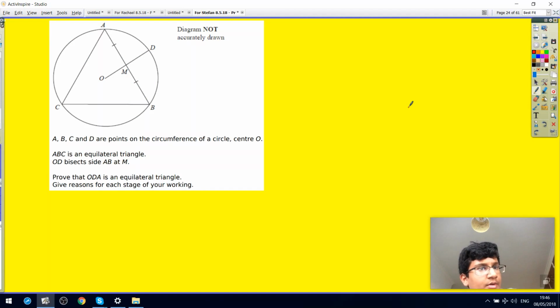So C and D are points on the circumference, center O. It's an equilateral triangle. So prove that ODA is an equilateral triangle. Okay, so I'll draw that.